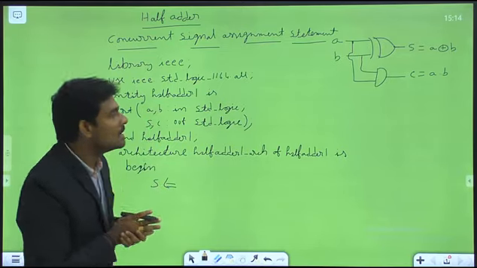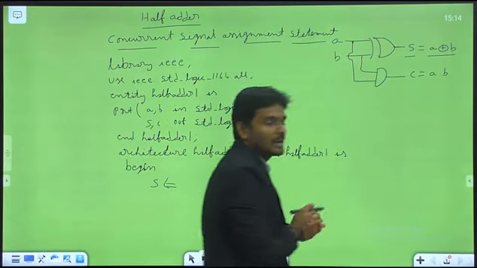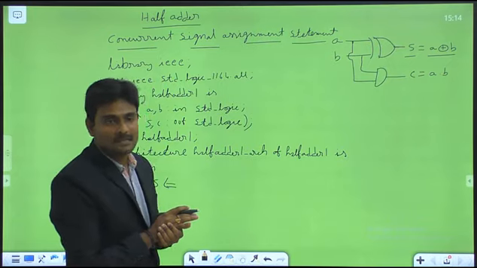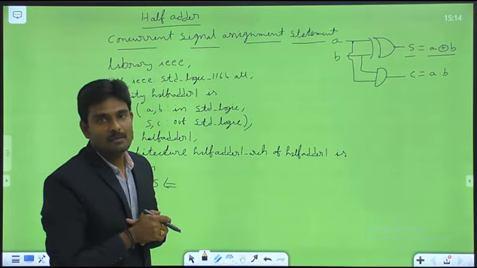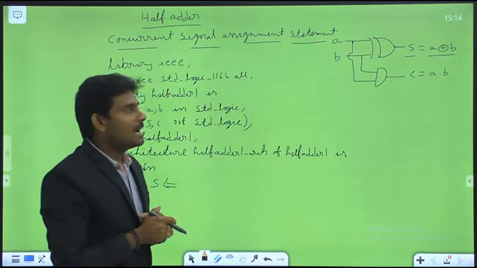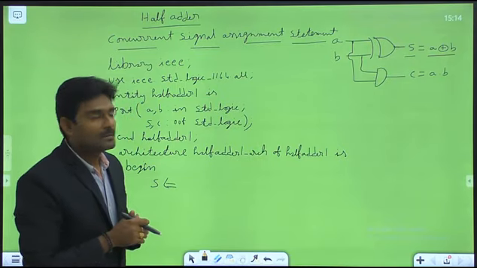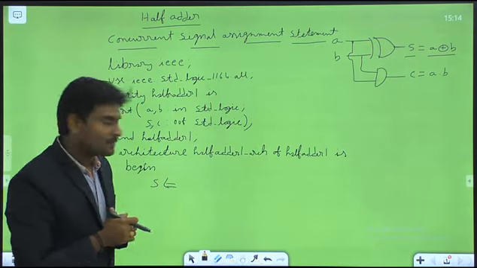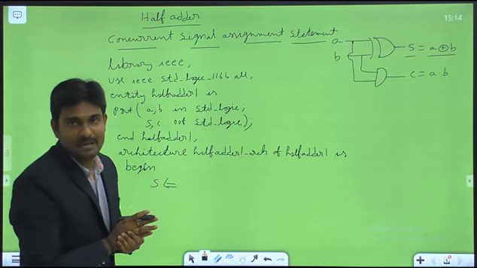Here, for S, how do you get it? Sum is obtained by performing A XOR B. Performing the XOR operation between these two, you get the sum. XOR is a predefined built-in operator, so using it you can directly describe the functionality.